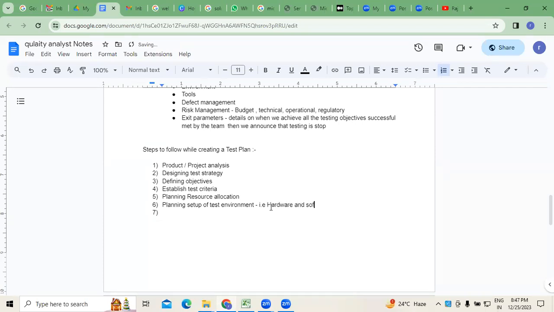All these things, the operating system, the database, come under the test environment part.